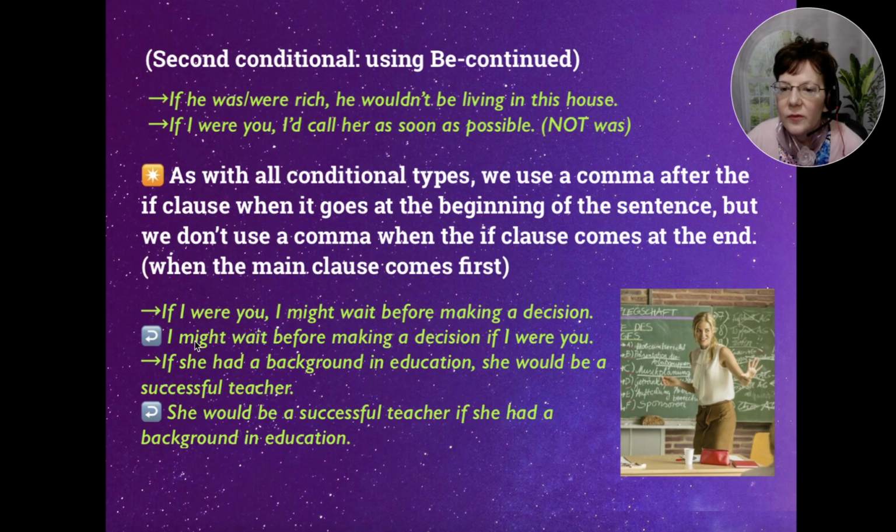And then when we turn this around, it's I might wait before making a decision if I were you, no comma used. And then this one, if she had a background in education, comma, she would be a successful teacher. And when we switch them around, she would be a successful teacher if she had a background in education. No commas used.